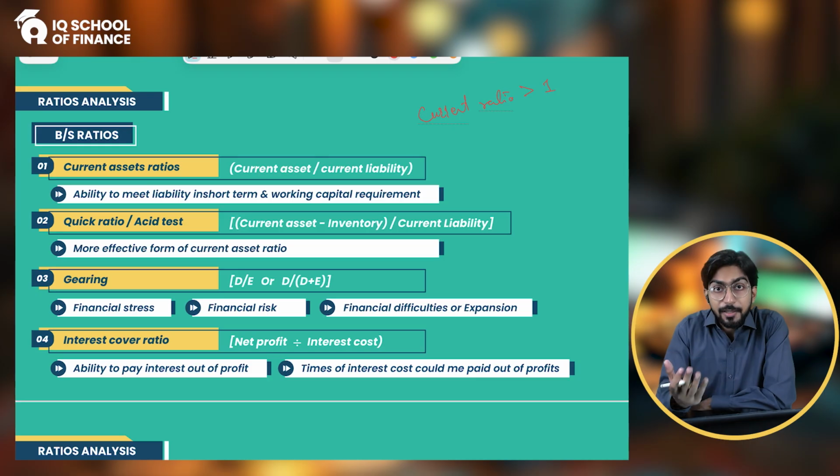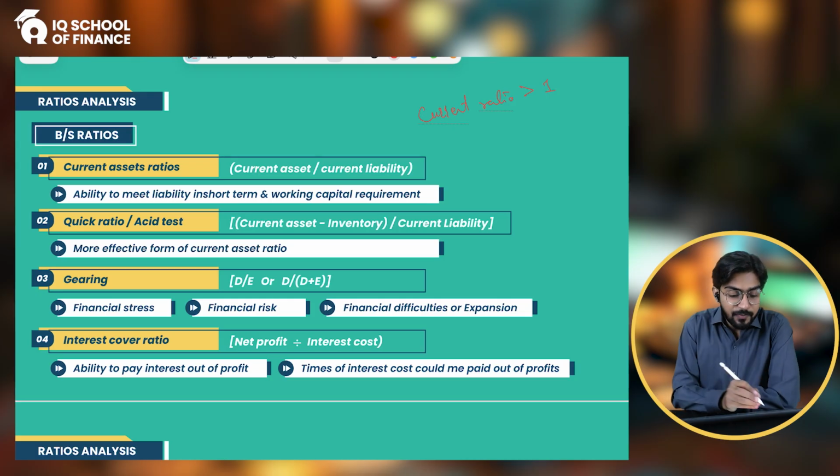You have to look at the industry, what is the prevailing current ratio, what is the average current ratio which the industry is maintaining. And if your ratio is near to it, that means you are doing good. And if you are far from it, that means you are doing bad. So that's how you look at it, because the numbers are relative, so you have to compare them with something to see if they are good or bad.